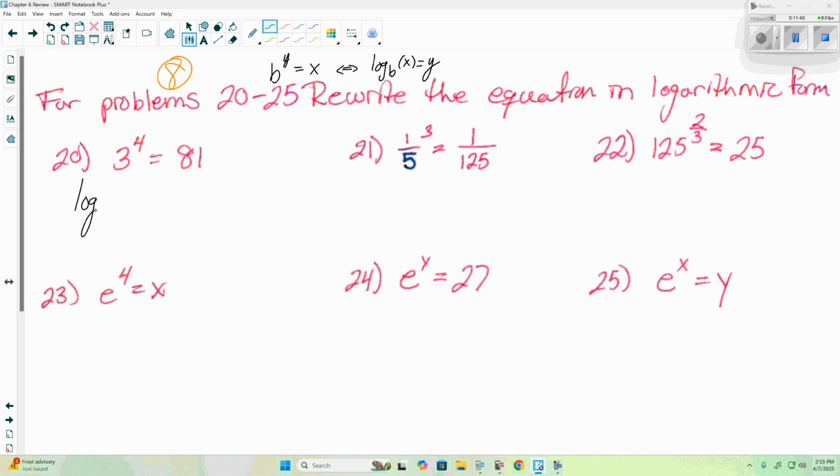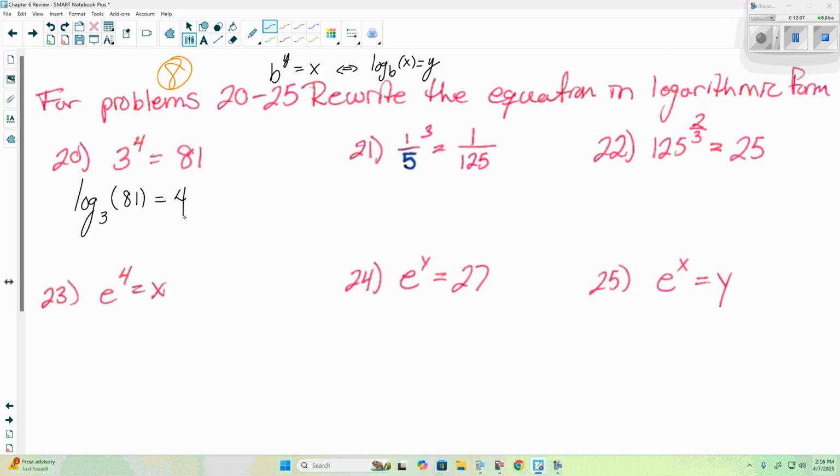Log base what? I heard it. Log base 3 of 81 equals 4. We're just going back the other direction. Questions on 20? Questions on how we got the 3, 81, and 4? You see where they're coming from.